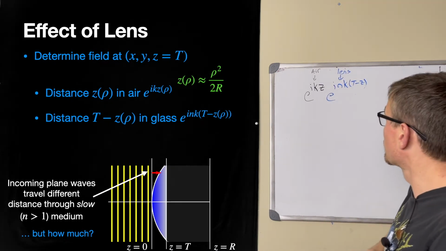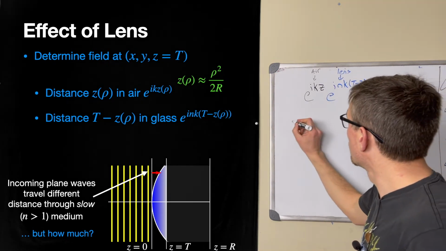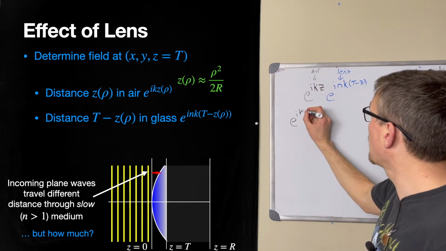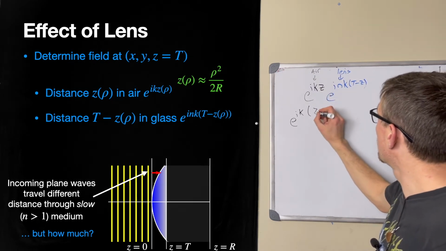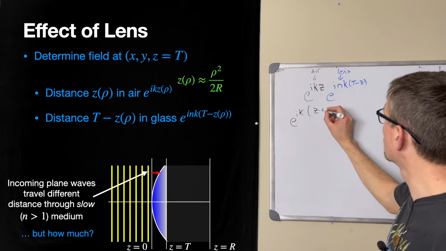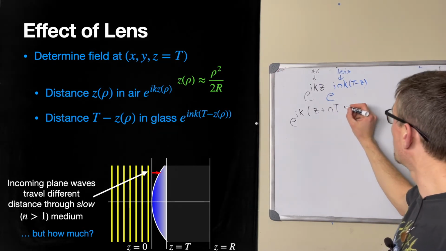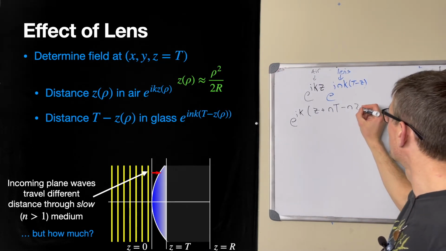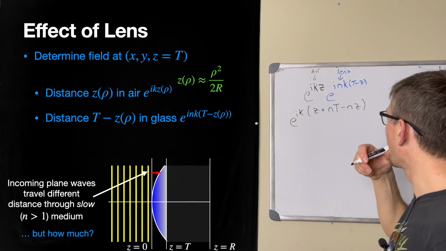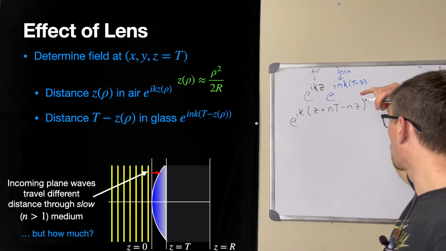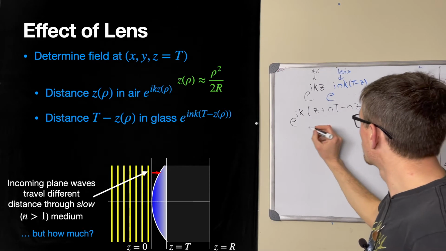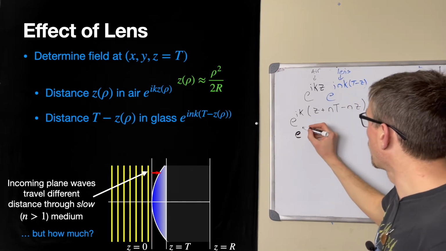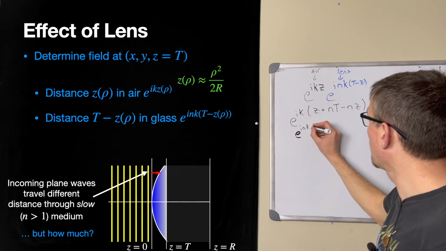Okay, so let's just grind it out. We're going to get e to the i k times z plus n times t minus n times z. That looks about right. We'll collect all the terms with z. We'll throw that e to the i n k t out.